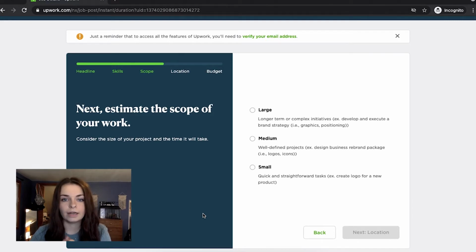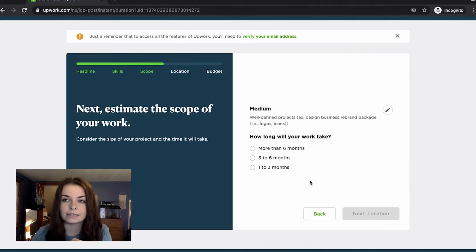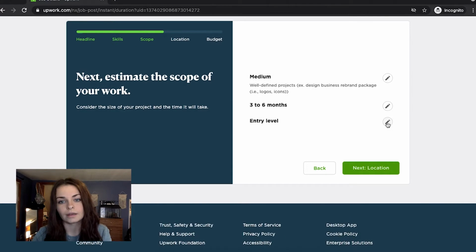Okay, so I recommend choosing medium unless you just want a one-time worker here, because since this is your first job posting, you don't know if you'll be working with this person for long term. And you don't want to do too small because you really want to give the person a chance.